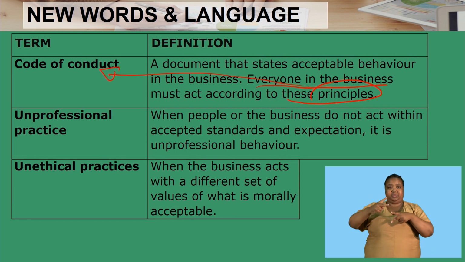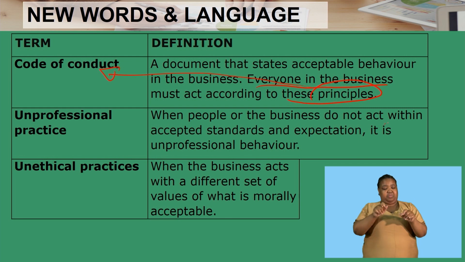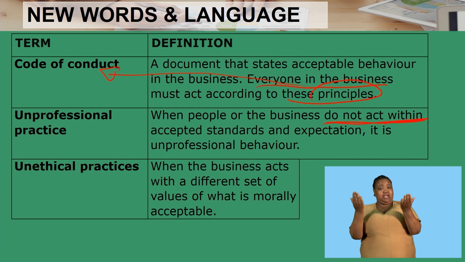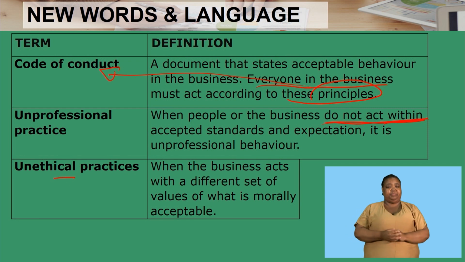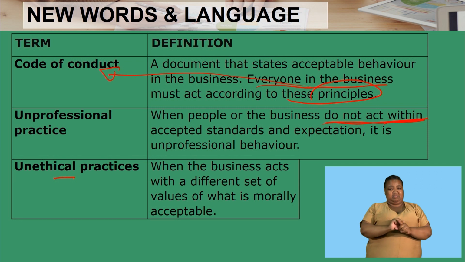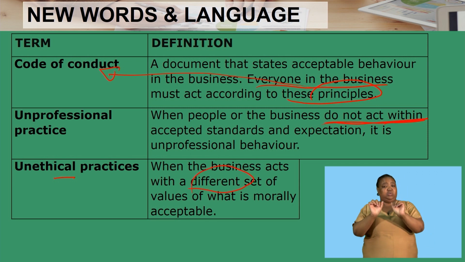Unprofessional practices are when people or the business do not act within the accepted standards and expectations. Unethical practice, on the other hand, is when the business acts with a different set of values of what is morally acceptable.